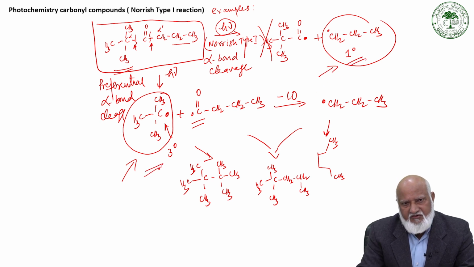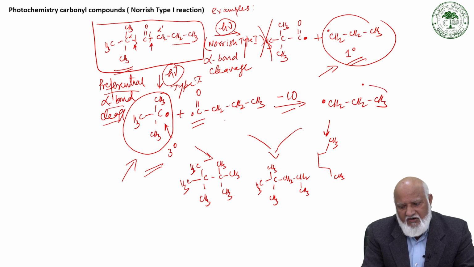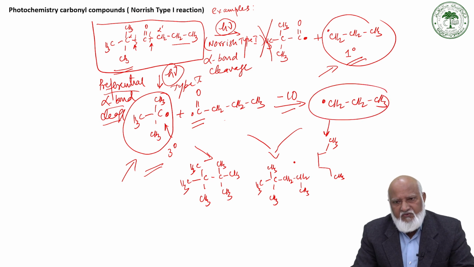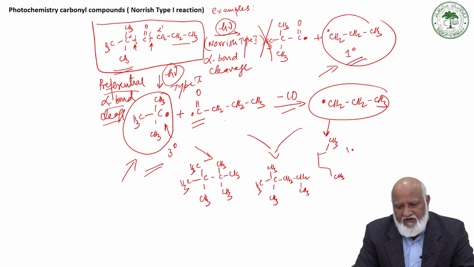The tertiary butyl radical is more stable as compared to the primary, and hence this ketone in the presence of light undergoes preferential alpha bond cleavage, which is a type 1 reaction, to give you these two radicals, the acyl radical as well as the tertiary butyl radical. This will undergo very fast decarbonylation to give this radical, and then this will undergo radical coupling to give three alkanes.